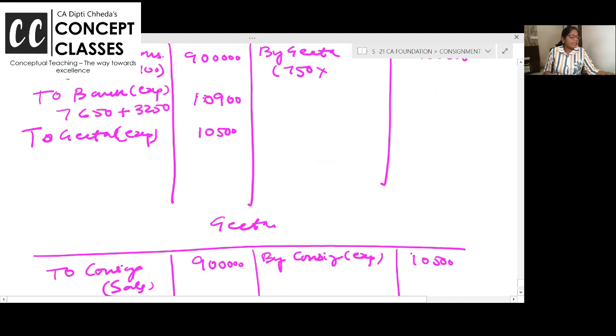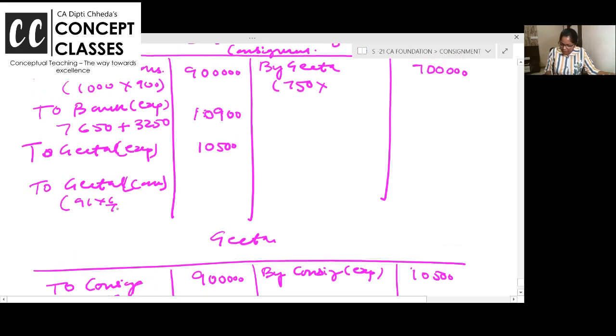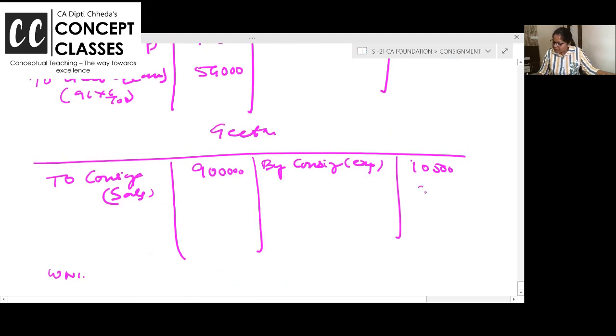Okay, Geeta was entitled to a commission of 6% on sales. एक लाइन छोड़ के अगेन टू गीता ब्रैकेट में कमीशन 9 लाख पे 6%, 54,000 बाय कंसाइनमेंट ब्रैकेट में कमीशन. नेक्स्ट, she incurred expenses amounting to 2,500 for repairing the damaged radio sets.